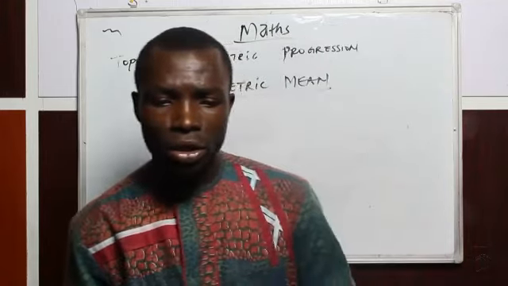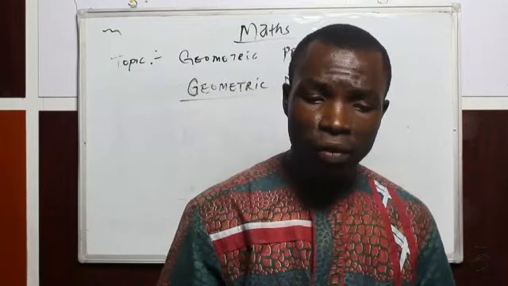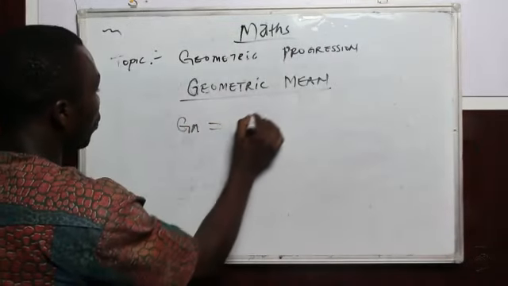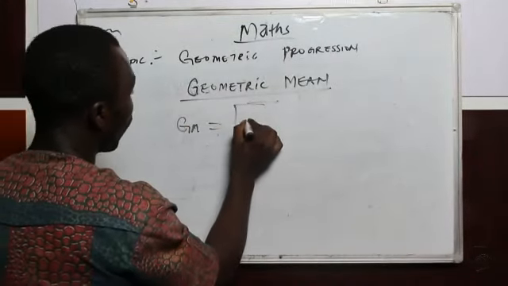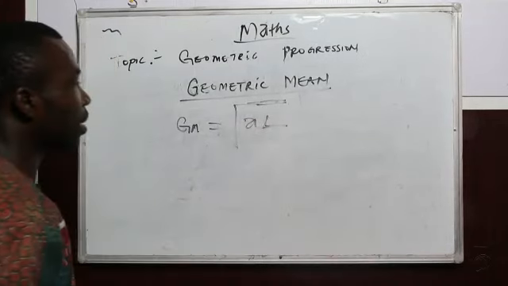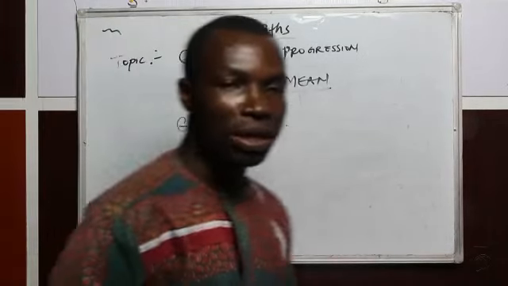Geometric mean has a formula that we have to know, and the formula of the geometric mean, GM, is equal to root of first term times last term. That is, this is our first term and this is our last term.